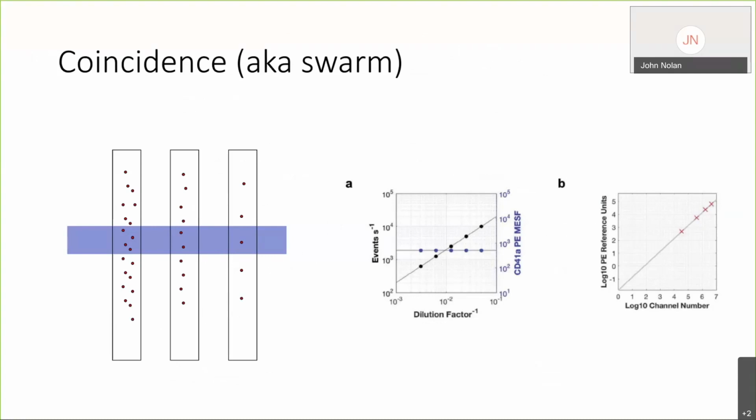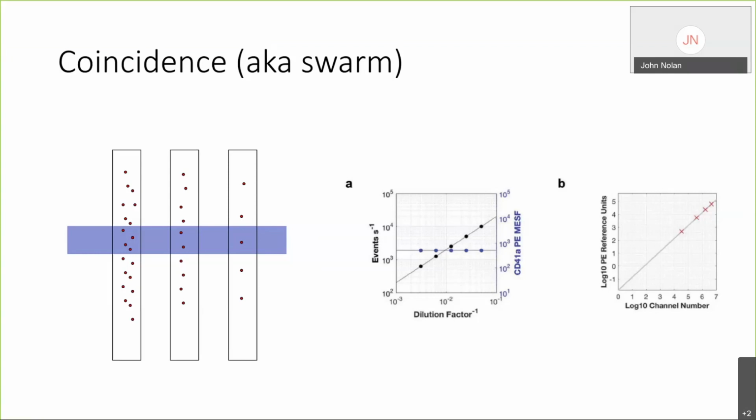And this is a purely statistical phenomenon that depends on the concentration of particles in the sample. Most often when we're presented with a sample of EVs, we actually don't know what the concentration is. So a prudent initial experiment is just to do a dilution series to evaluate whether you have this coincidence artifact or not.